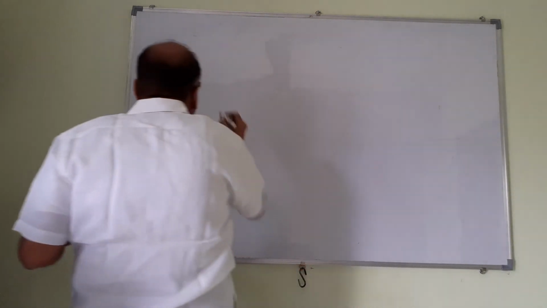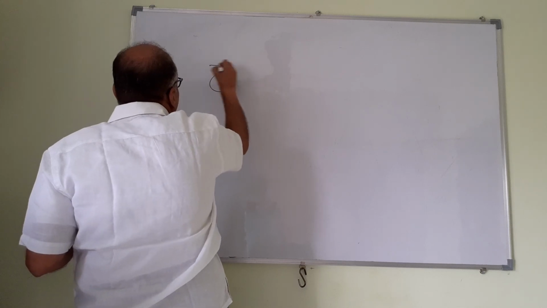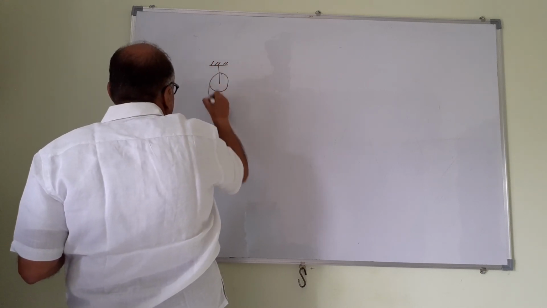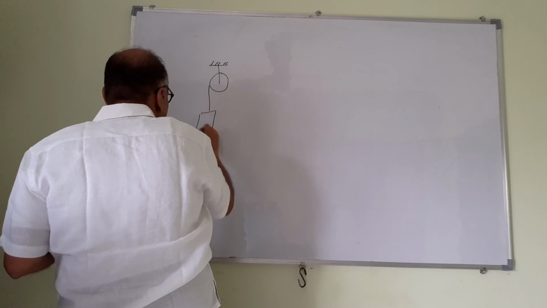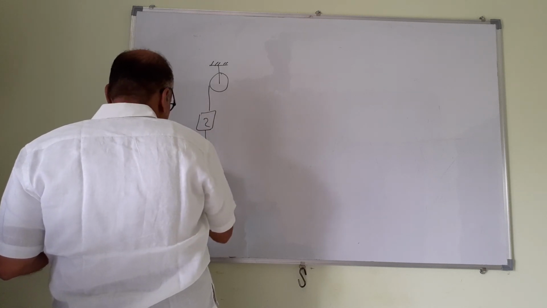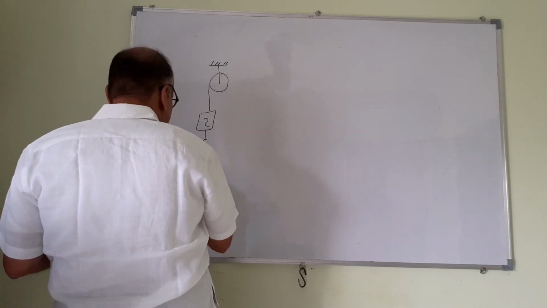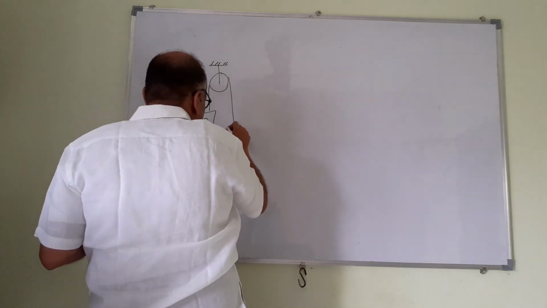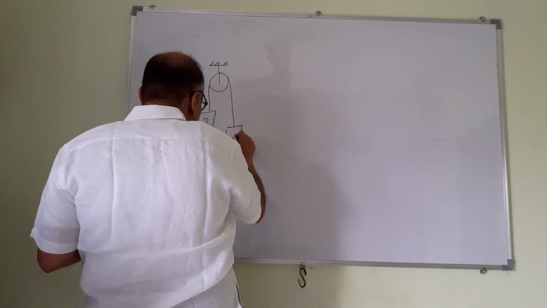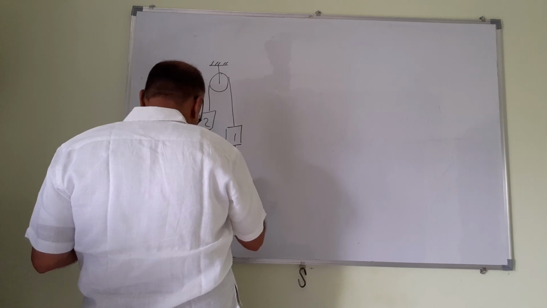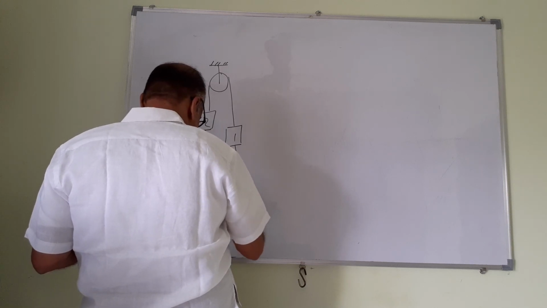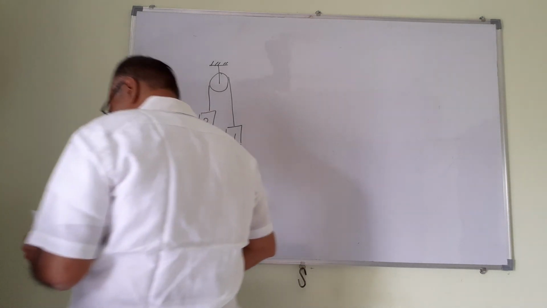I have a pulley here and a mass. This is 2 kg. There is a spring here. This is 3 kg. Here there is a 1 kg mass. There is a spring, and there is a 4 kg mass.